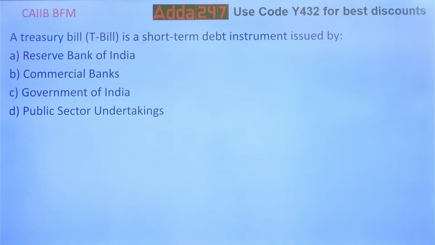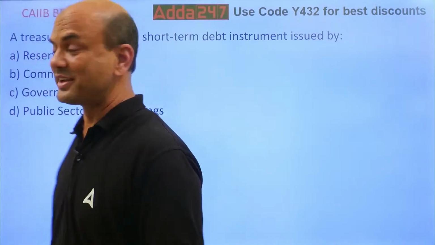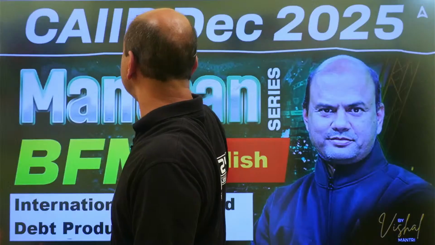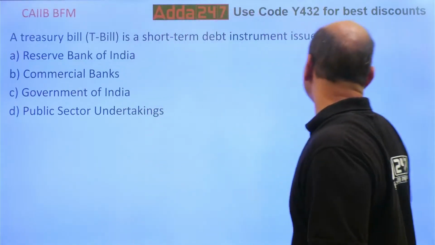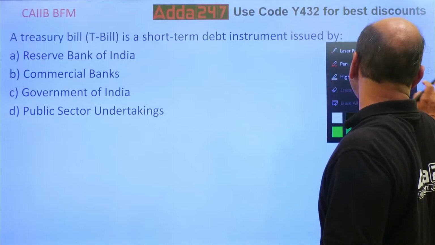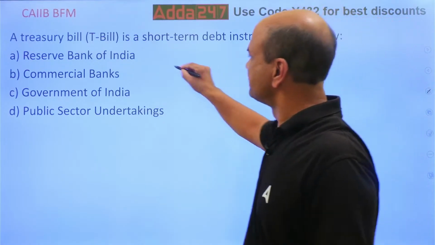Treasury bills are issued by, kindly note, they are issued by RBI. Okay? They are issued by RBI on the behalf of government, obviously.